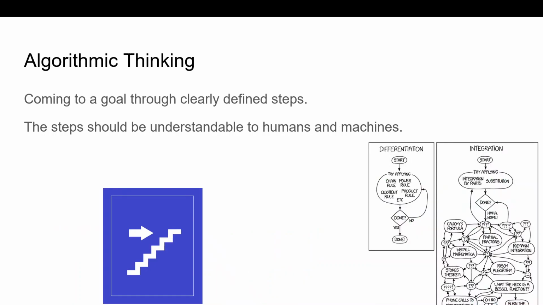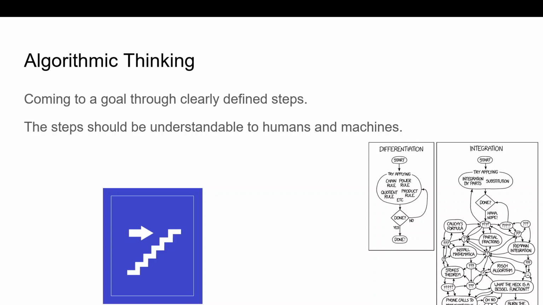The next skill is algorithmic thinking. Many define computational thinking by algorithmic thinking. We want to get to a goal through clearly defined steps. So you can think of it as following an algorithm made for getting to a solution through, well, clearly defined steps, being every bit of code that is in an algorithm.